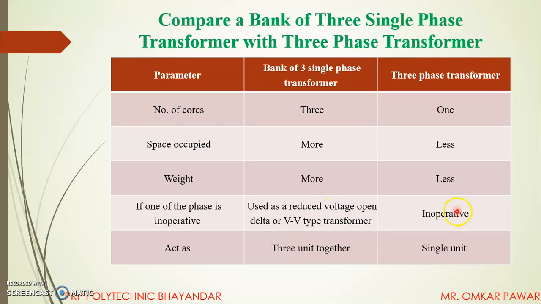But in a three-phase transformer, if one of the windings is inoperative, then that transformer is inoperative. A bank of three single-phase transformers has three units combined together, and a three-phase transformer is a single unit.